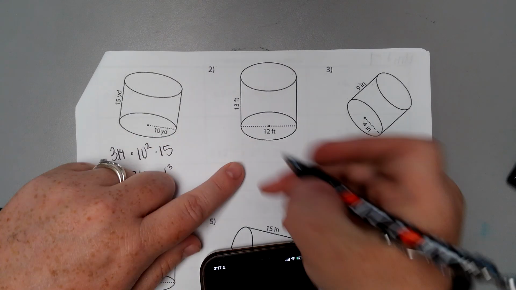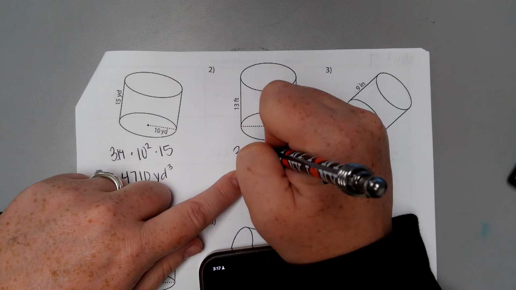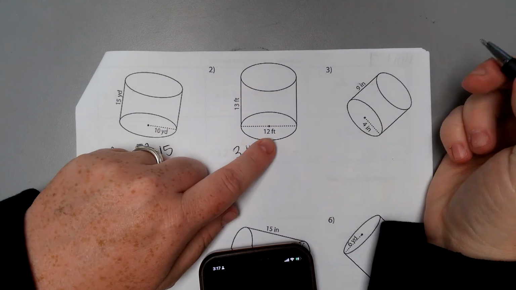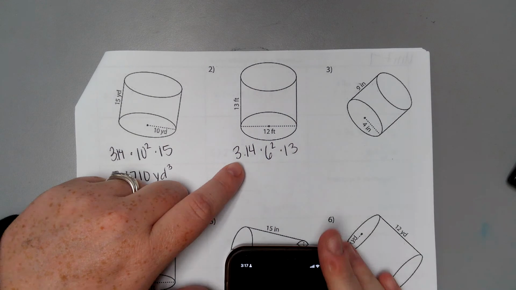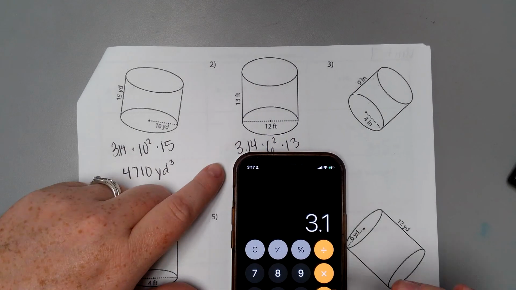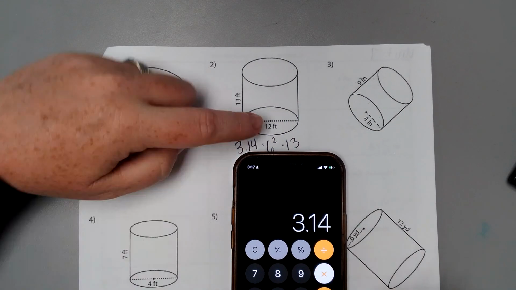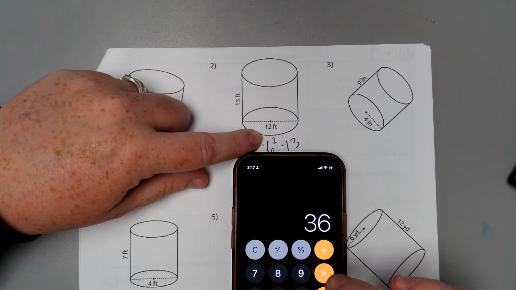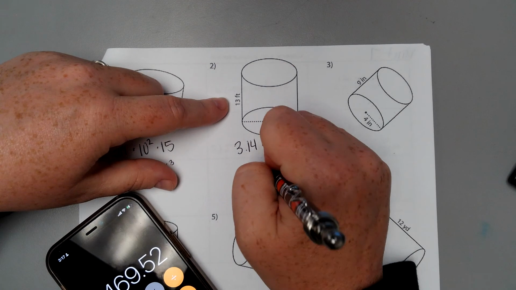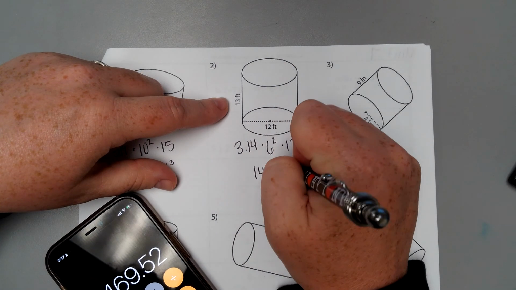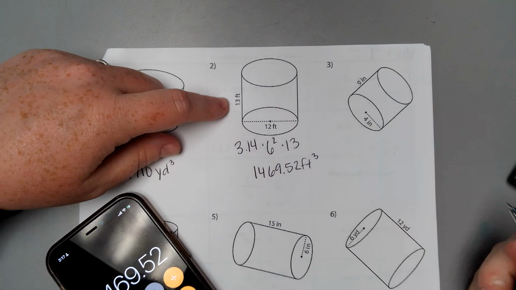Next, we're going to have 3.14 times, the diameter of this would be 6, so 6 squared times 13. 3.14 times 6 squared is 36, so times 36 times 13. 1469.52 feet cubed.